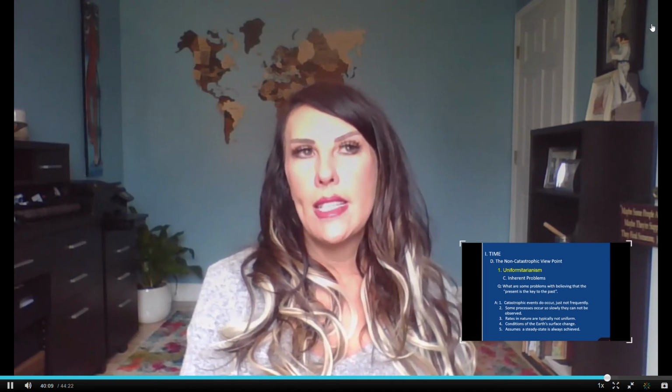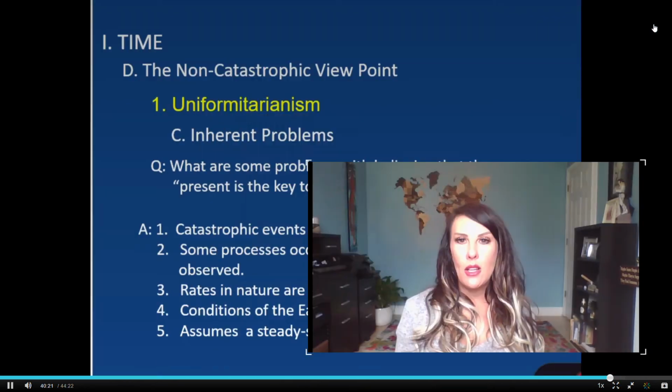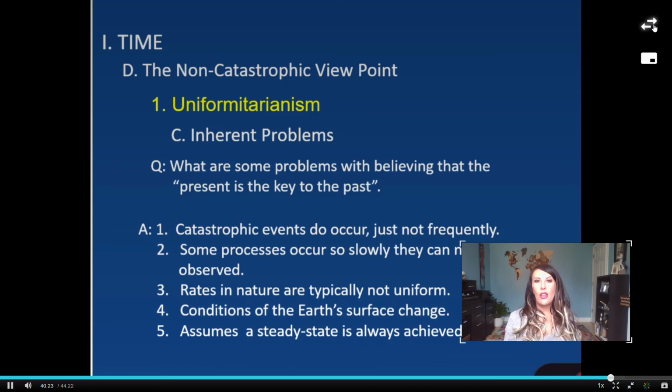So if I were to tell you that 26,000 years ago, the great state of Ohio was covered in 2 kilometers worth of ice, you might be surprised. And that's because when we look at Ohio today, there is no ice that's present. So the condition on the Earth's surface had changed.